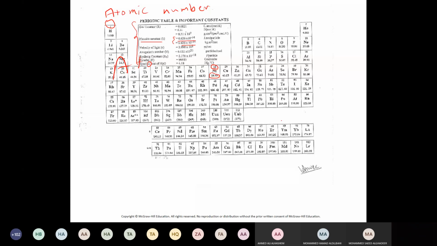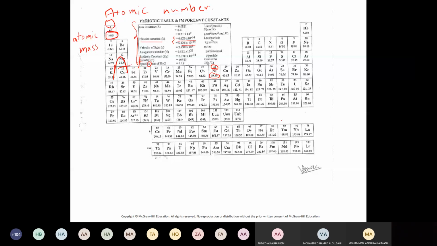What's this number? Not mass number. It's the atomic mass, which is the average of the atomic masses.